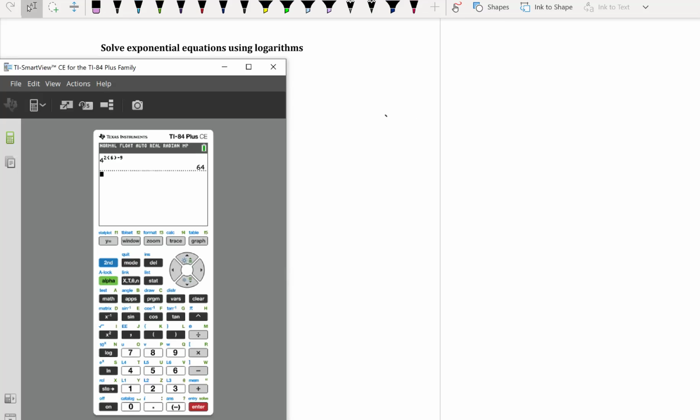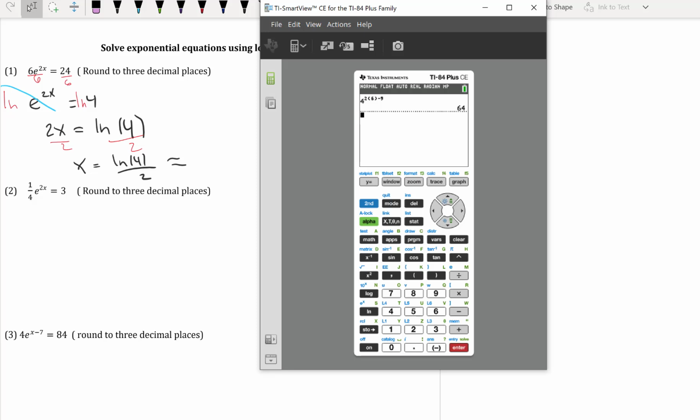So now I definitely want to bring up my calculator and plug this in. So I have my fraction, and I have my ln of 4, that's inside the parentheses, divided by 2. When I plug that in, I get my decimal approximation of 0.69314.